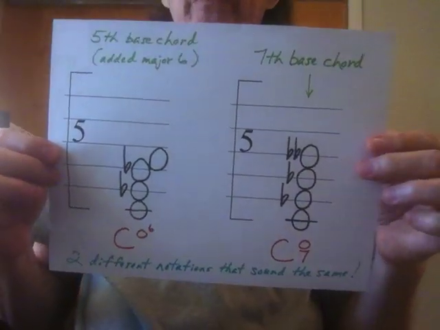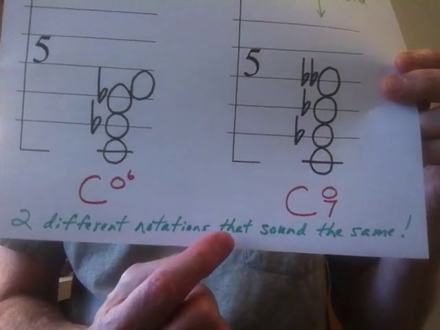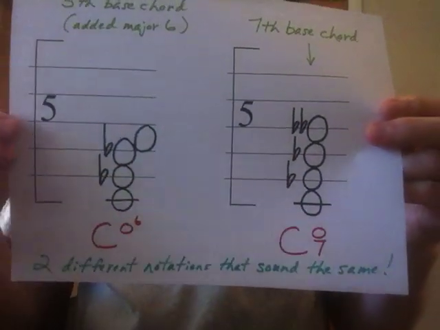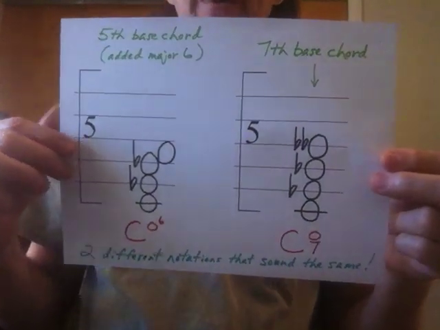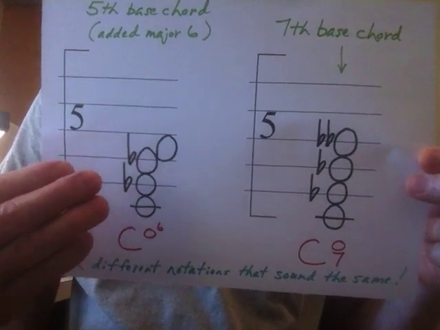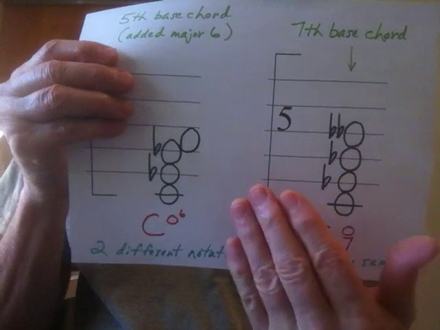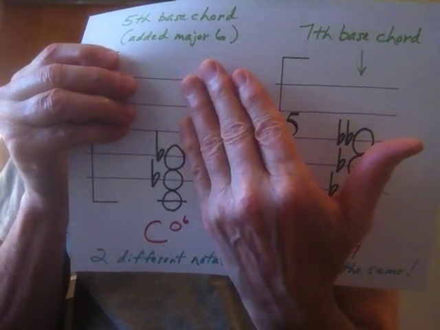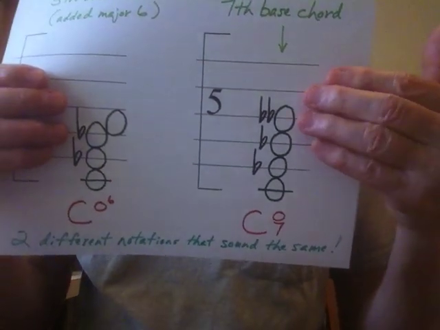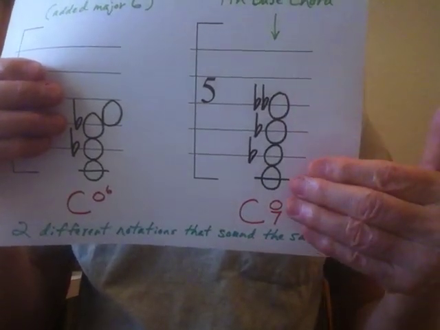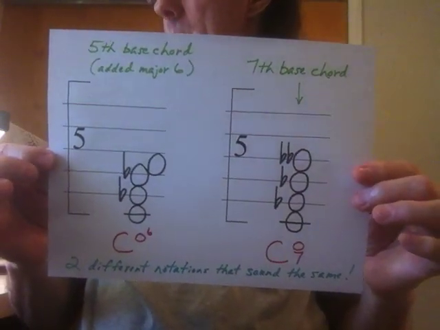So here you have two different notations that sound the same, and both notations are okay, they're allowed, they're correct. But I wanted to show you that if you're paying attention and you understand the system, you can see clearly that you start out with a fifth bass chord here, but over here you actually start out with a seventh bass chord. And yet, both notations are acceptable. All right?